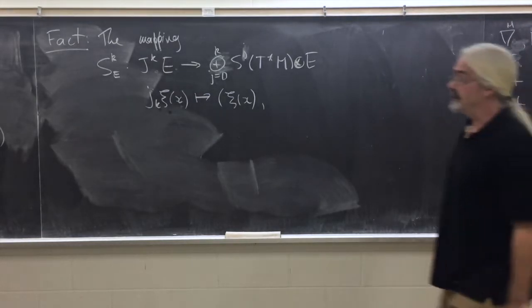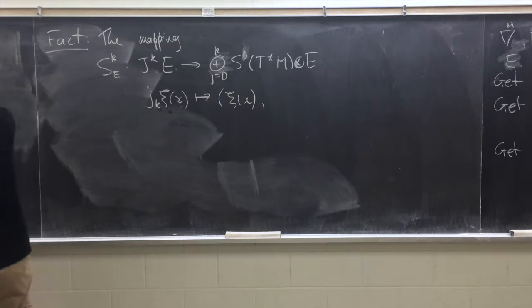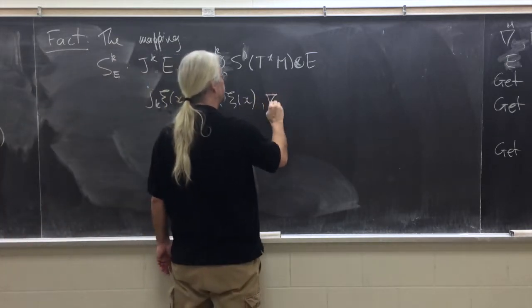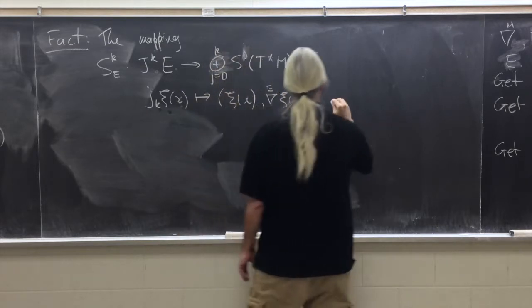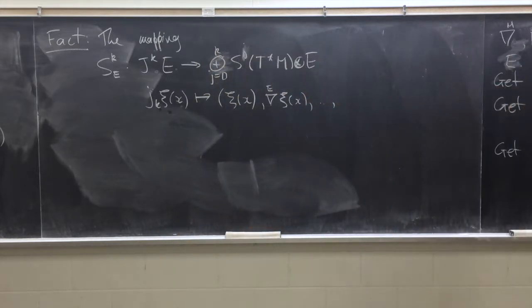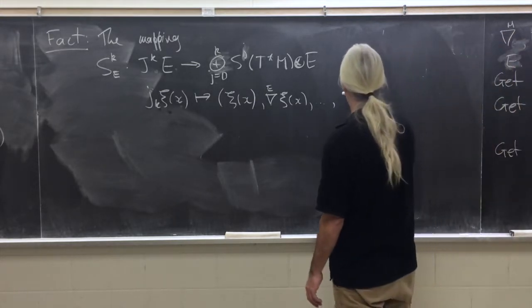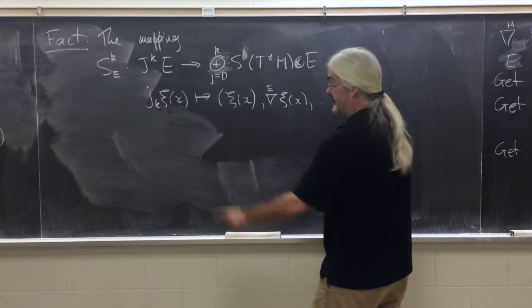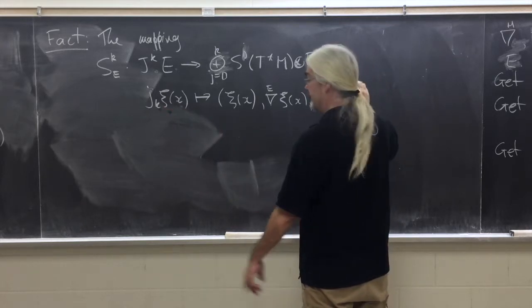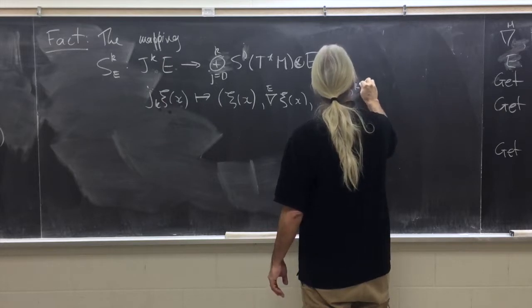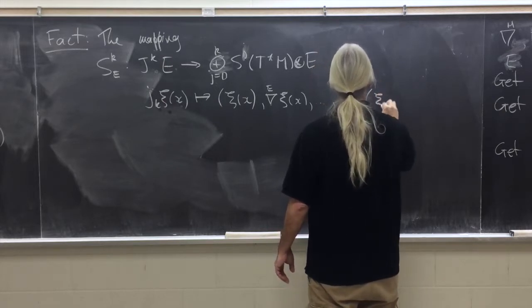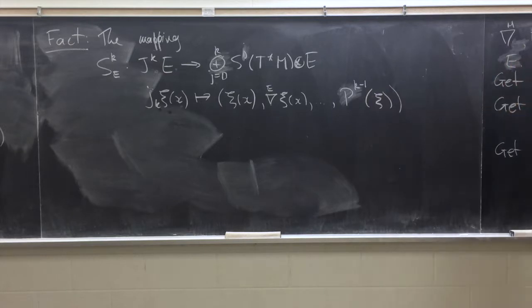And the j equals 1 component, of course, is going to be this. And I do this all the way up to k minus 1 with the numbering that I have. I guess I don't need the bar right now at least. So this will be the (k minus 1)-th derivative of the section, like that.